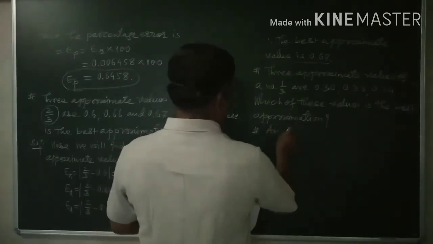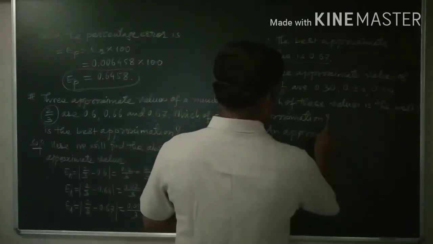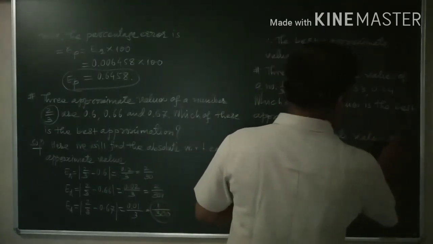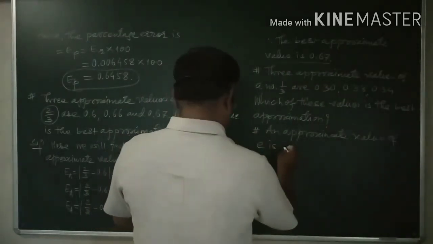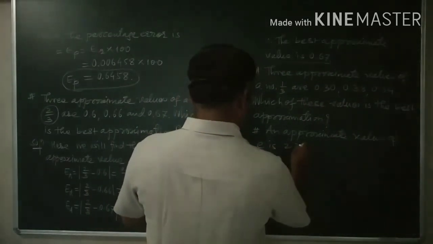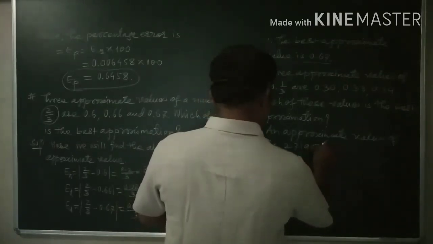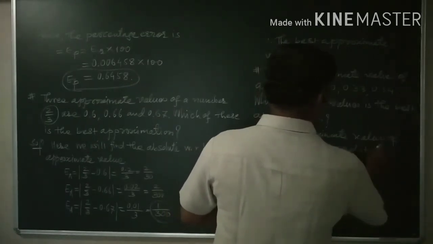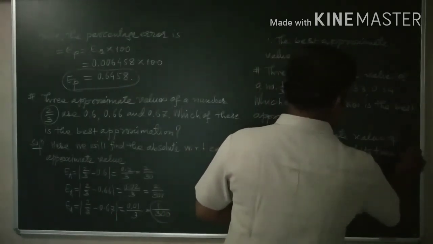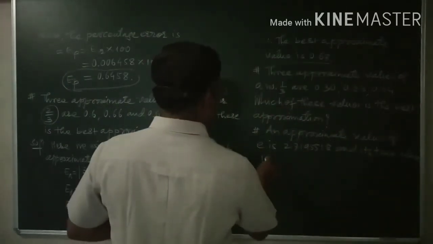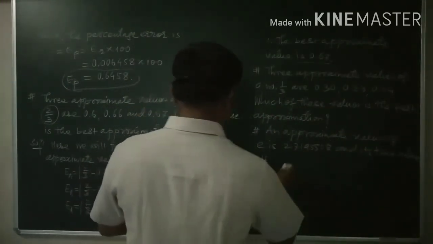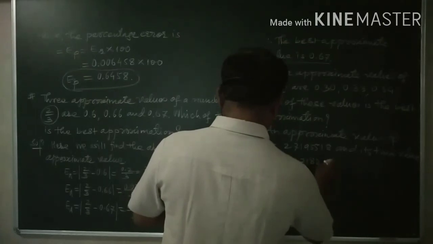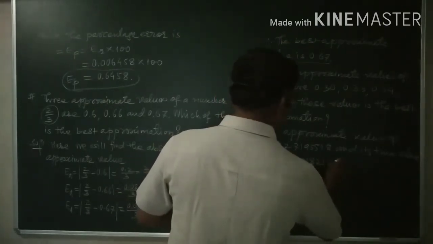An approximate value of e is 2.7195518, and its true value is x equal to 2.71821828.